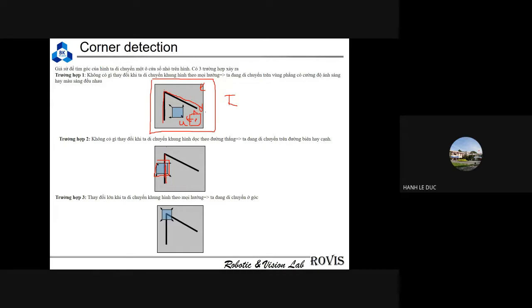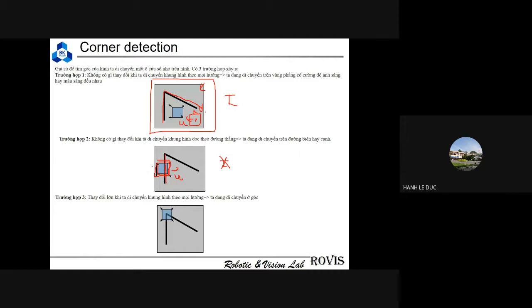When the window is at this position and I slide in the U direction, there is still no change in intensity of the image.